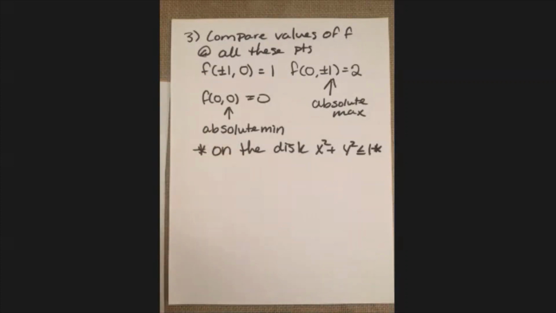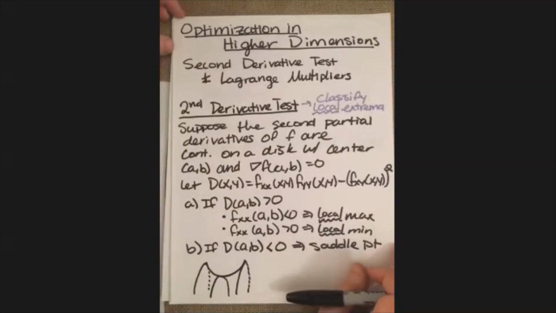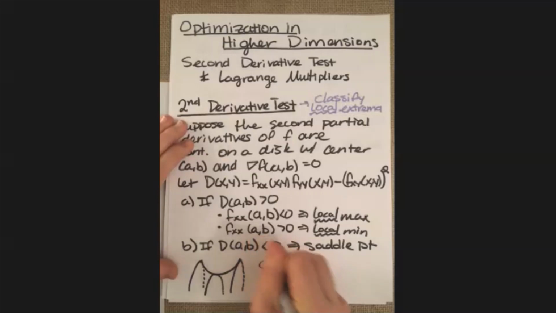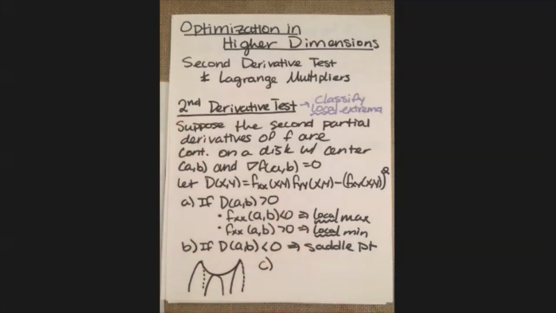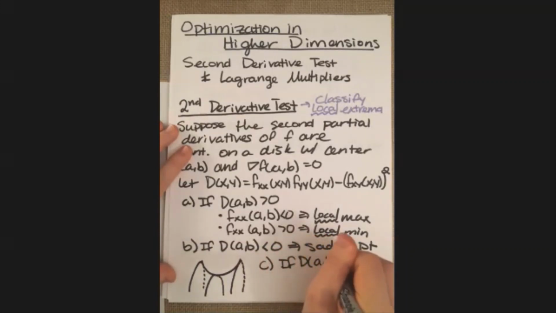But going through this reminded me of something that I wanted to make sure to mention about our second derivative test. And it's actually a feature that's, again, pretty similar to what you learned in Calc 1. We have a third case here, which maybe you noticed and you're like, oh, well, what about the case where that is actually equal to 0?